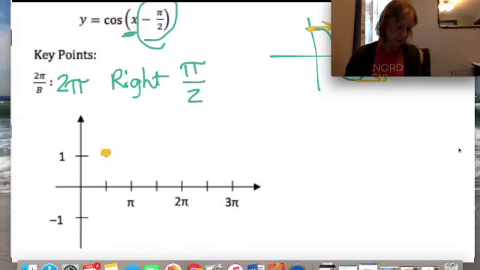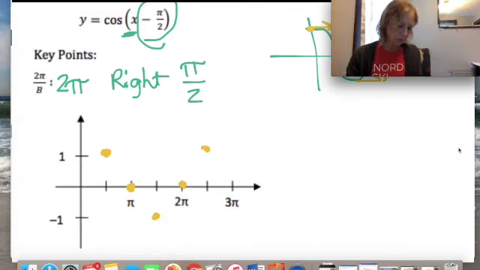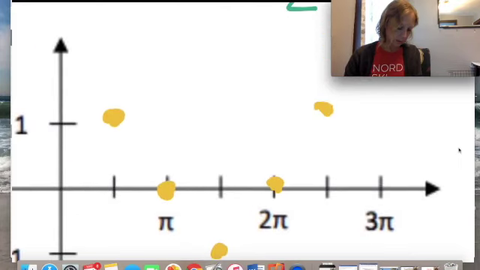Now, I'm going to go down through my x-axis. I'm going to bottom out, come back up through my x-axis, and go back up to 1 again. So this is a pi over 2 right here where my first point is.